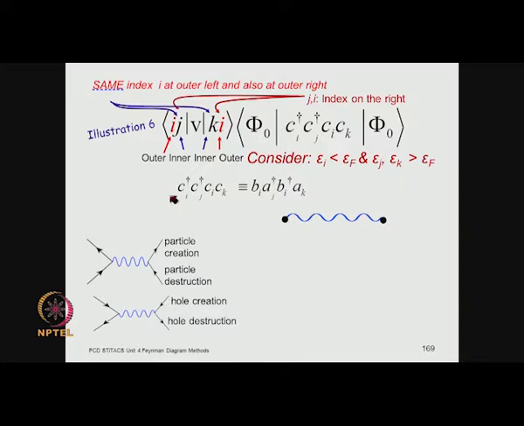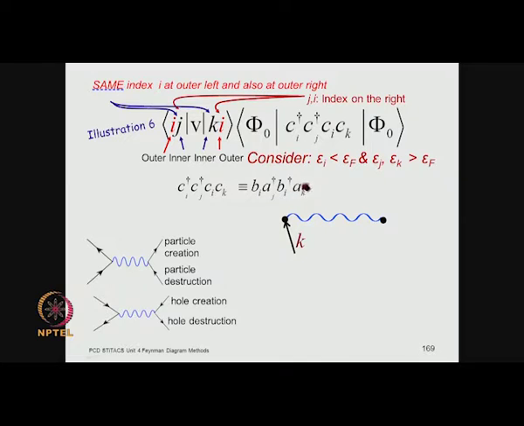Okay. So, you write this in terms of the corresponding particle and hole operators. Now, these are the particle operators above the Fermi level and the hole operators which are below the Fermi level, and you have got a particle creation. So, this is the particle destruction in the kth state.